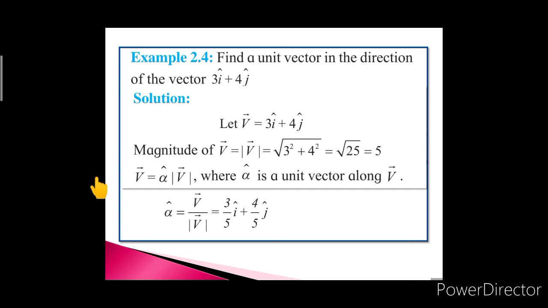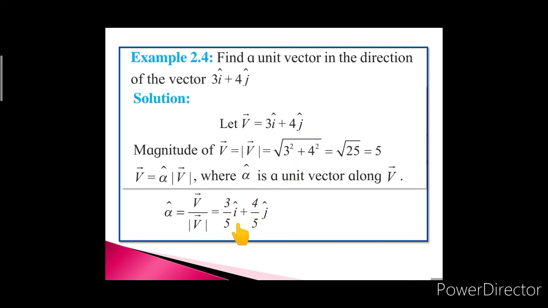After rearranging the equation, alpha cap is vector v upon magnitude of vector v. Vector v is 3i cap plus 4j cap. Substitute the value here, divided by the magnitude of vector v, which is 5. So we write 3i cap plus 4j cap divided by 5.